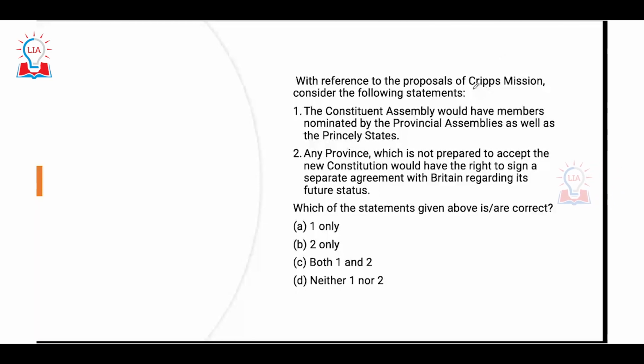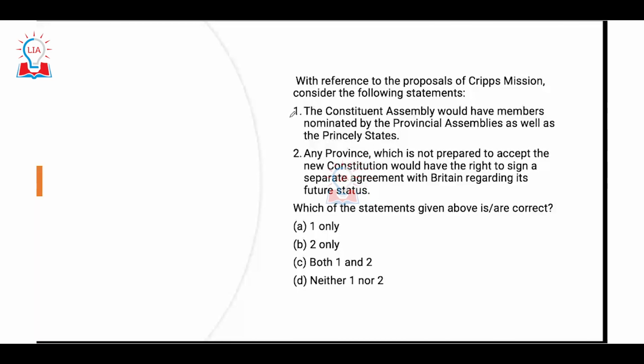So in this question, we are asked to find the incorrect statement, or we also have to find the correct statement relating to the Cripps mission. Look at the statement 1. Constituent Assembly that would be formed will have the members nominated by the provincial assemblies as well as the princely states.